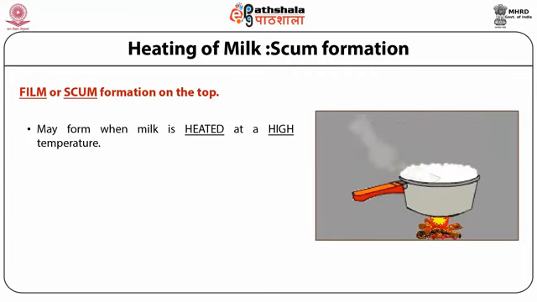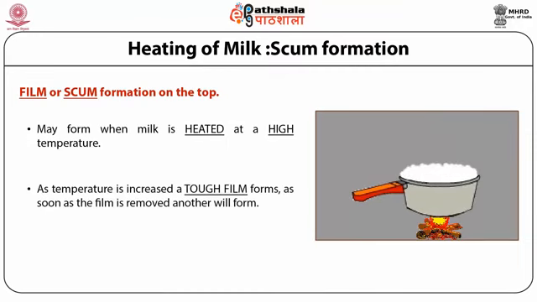When heating is applied to milk, this emulsion breaks and fat, which is not soluble in water, comes on the top of the milk and gets entangled in this scum. This scum is quite tough, and if we remove a part of it, it develops on further heating.